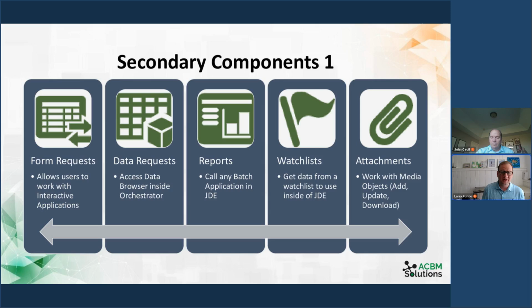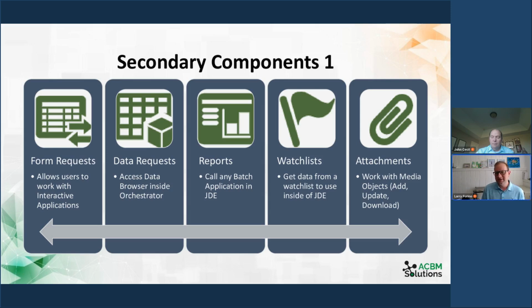With form requests, we can work with any standard or custom interactive application and series of forms within those applications, which can be chained together to start doing meaningful things, more complex things, right? It's not just taking on one task, it's chaining 5, 6, 7, 8, 10 things together and completing a full process.